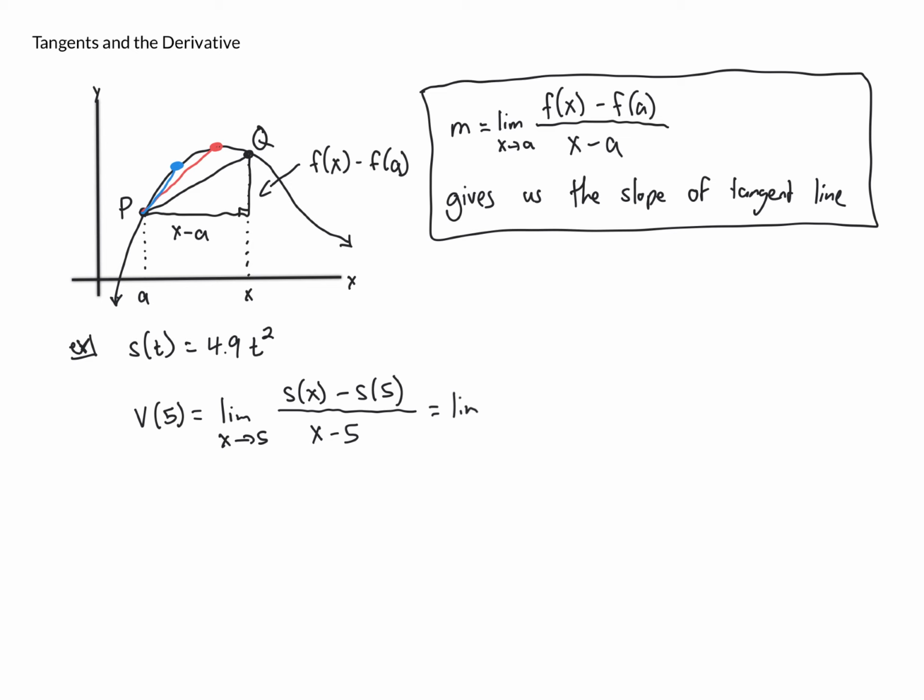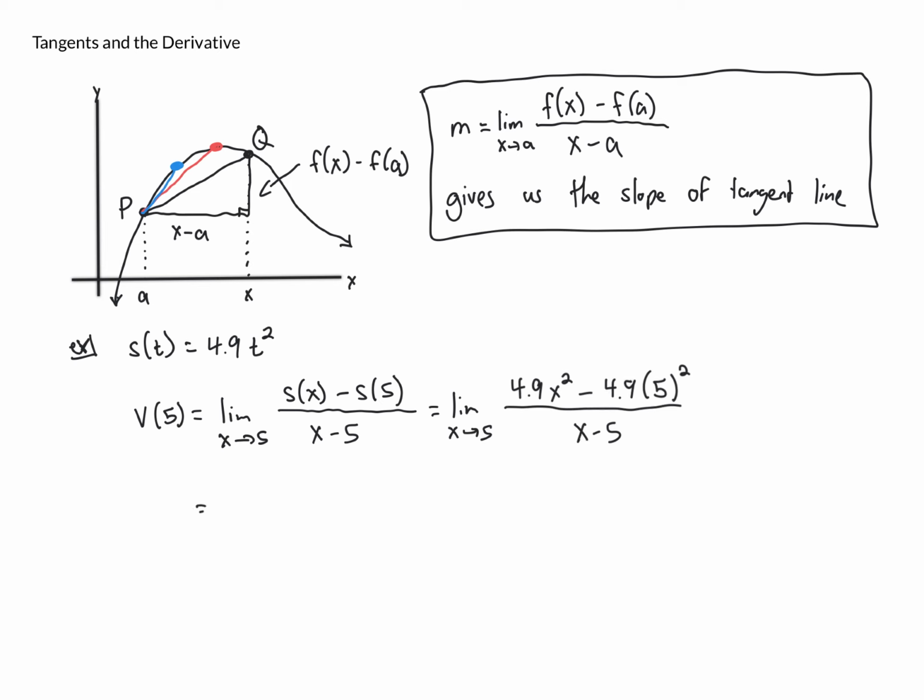Now here, let's write that limit again. Never forget your limits. All right, so in the numerator, we've got our s of x, which is 4.9x squared, minus s of 5, which is 4.9 times 5 squared, all over x minus 5.